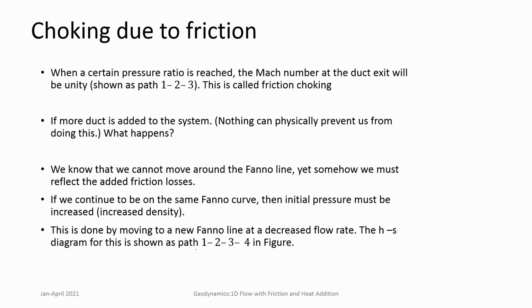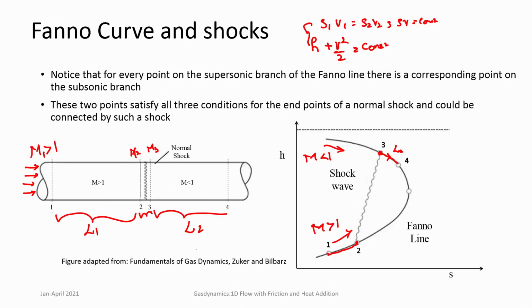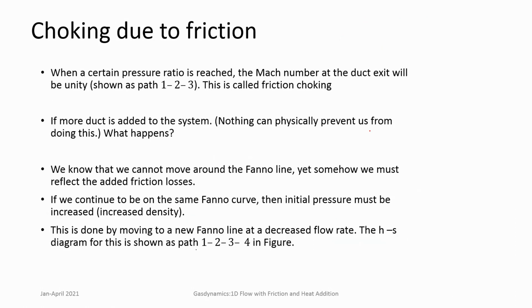So, here if you take a look at the Fanno curve depicted here, you know that there is a maximum entropy point which corresponds to Mach number equal to 1. If I take any particular, so I draw once again T-s, and this is the Fanno curve, and I take any arbitrary starting point, say this is point number 1.